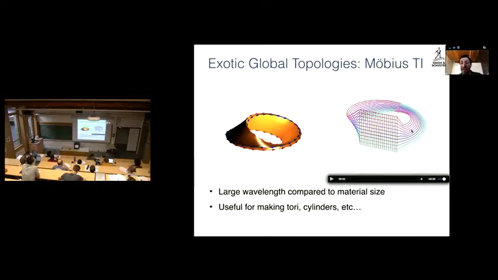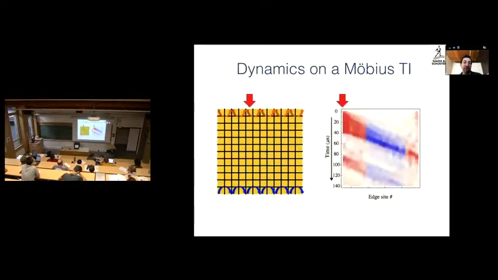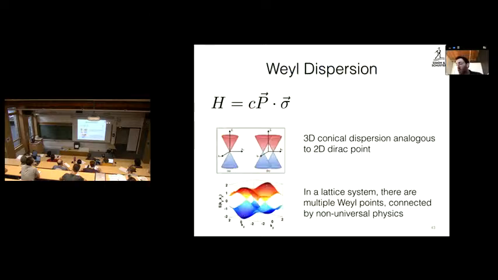So here we've not only connected one edge to the other, we've also added a twist, okay? And so when we do that, what we see is that the excitation goes around the edge and then appears on the other edge in the opposite spin state and then comes back to the first edge, okay? So this all works just exactly as you would expect.